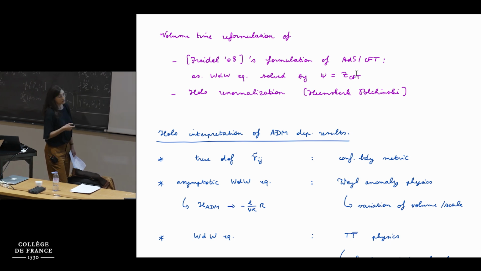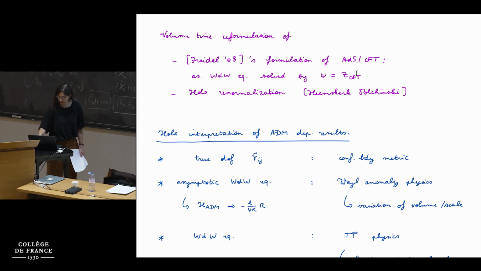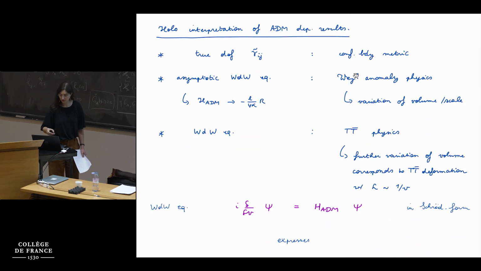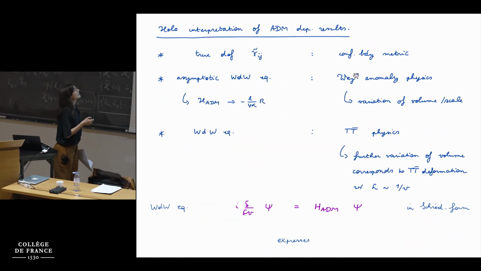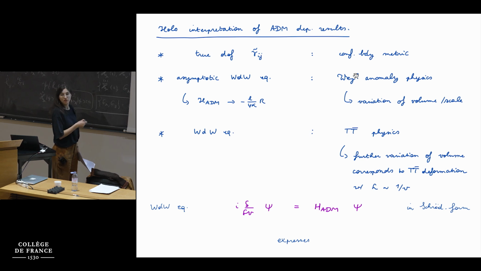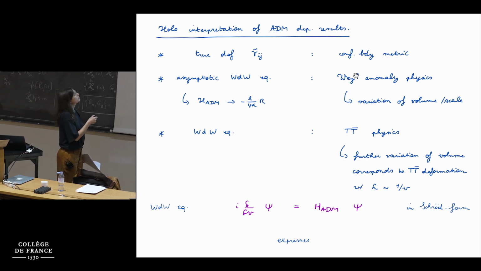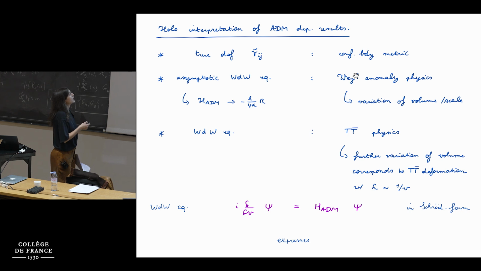Good. So let me continue with the holographic interpretation. So far, what we've discussed is the interpretation asymptotically of the Wheeler-DeWitt equation. So we can remove this limit now and look at the full radial Wheeler-DeWitt equation.